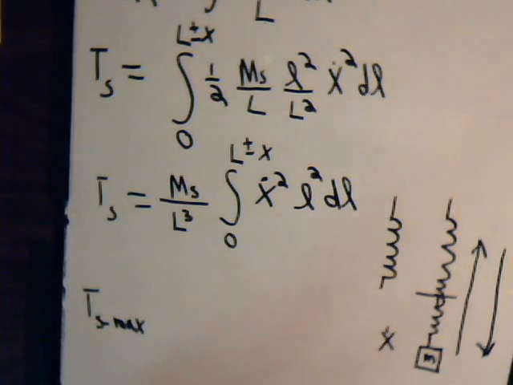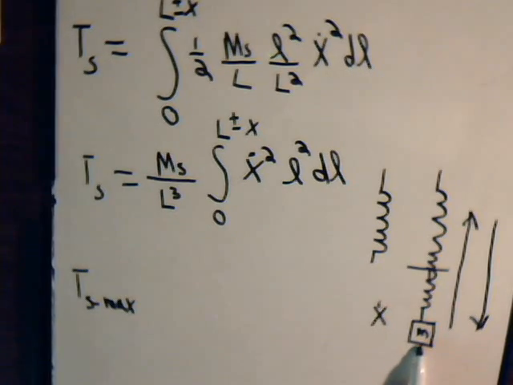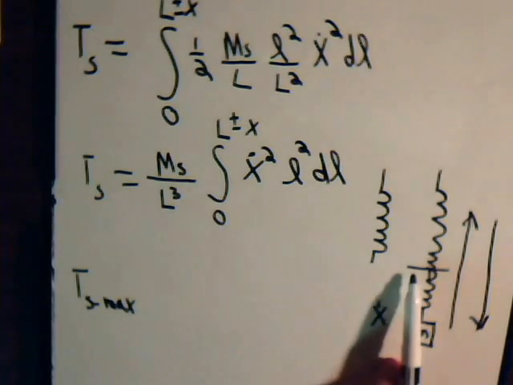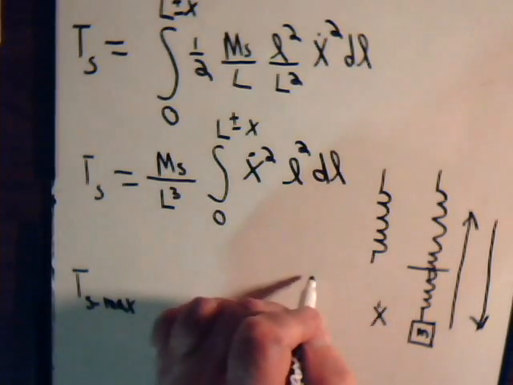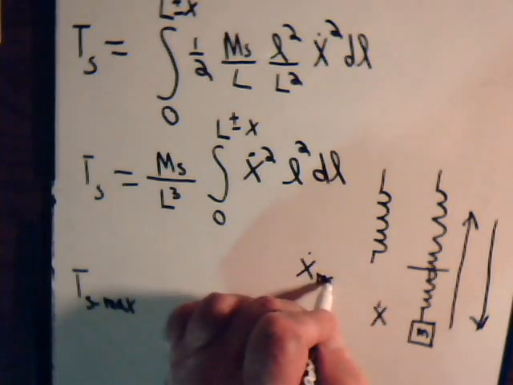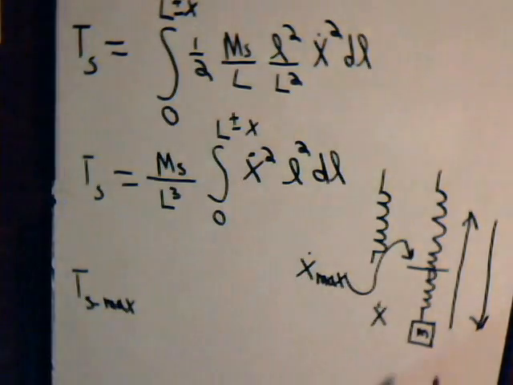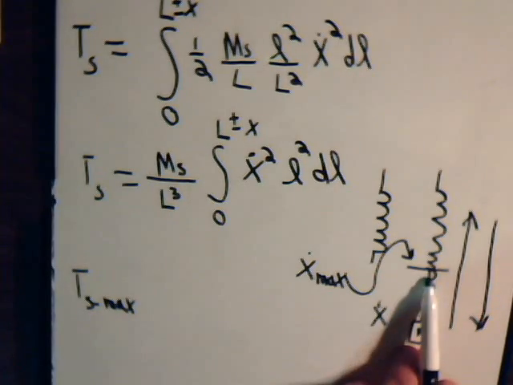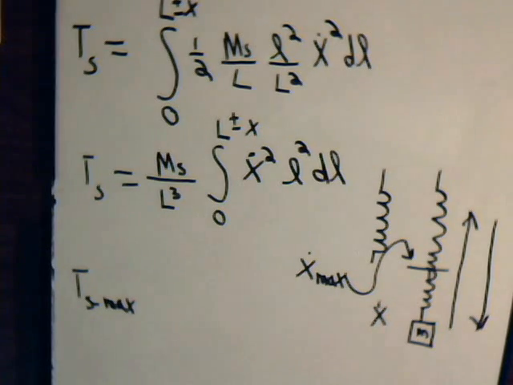Remember now, in video number 6, we determined that this mass will have its maximum velocity at this equilibrium point right here. That is where we have x dot maximum, whether the spring is going up to that equilibrium point or coming down to it.